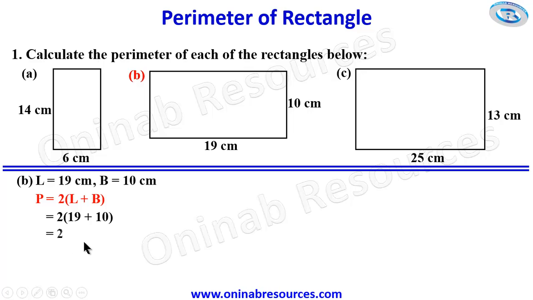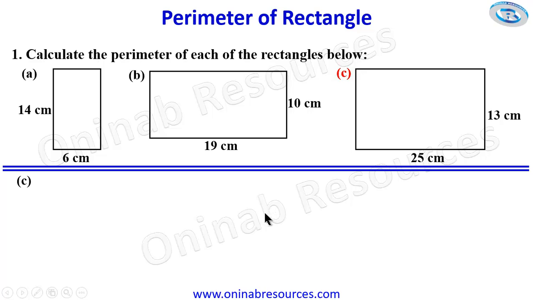So we have 2 times 29. 2 times 29 gives 58 centimeters as the perimeter of the rectangle whose length is 19 centimeters and the breadth is 10 centimeters. So we go to C.